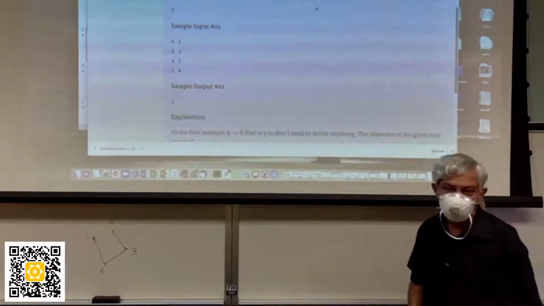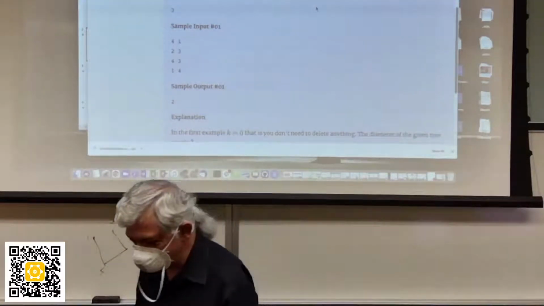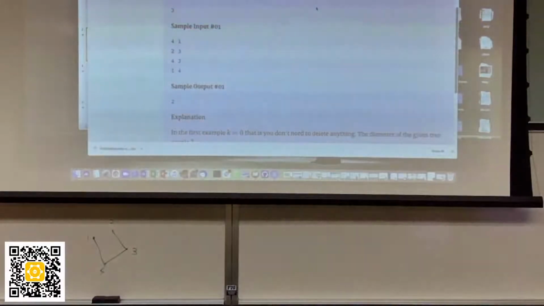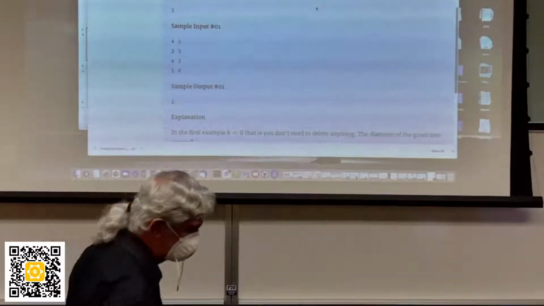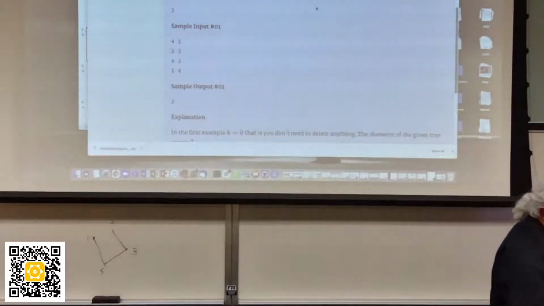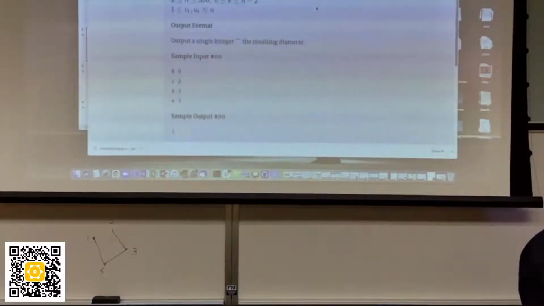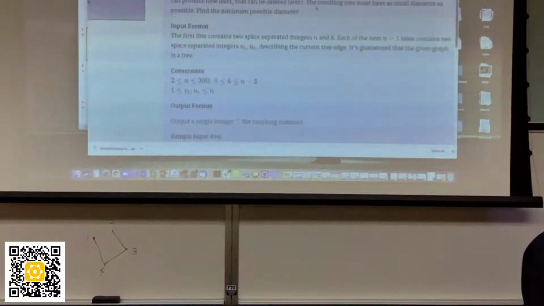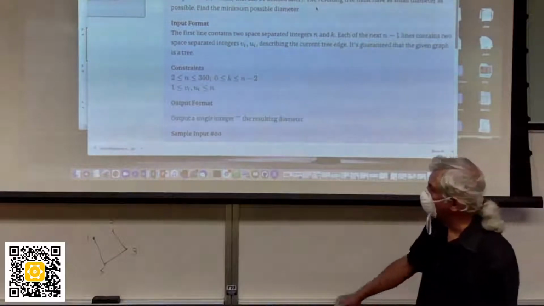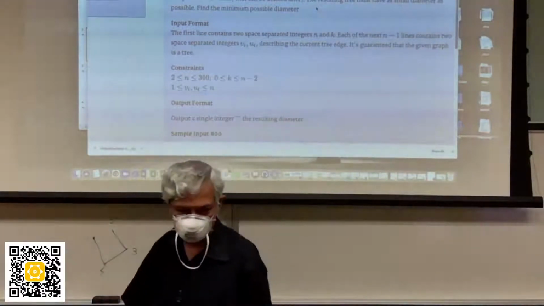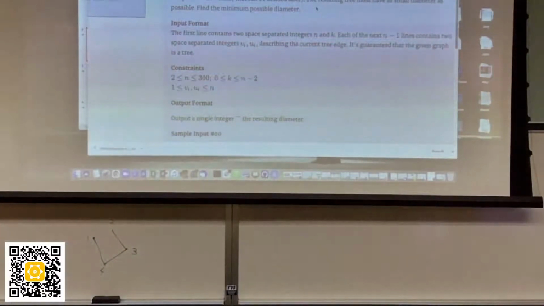Looks easy. The problem is that k can be horrendously large. k is not some small number like 1 or 2. We are told that k can be nasty. It can go all the way up to n minus 2. And you don't have to have n minus 2 leaves in your tree, because every time you delete a vertex, new leaves may be formed.